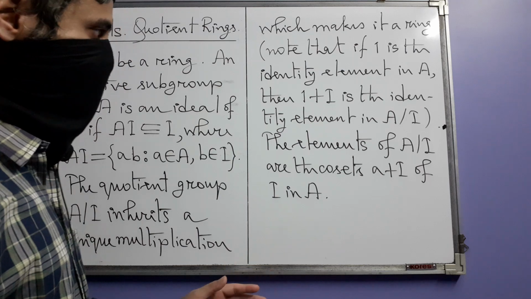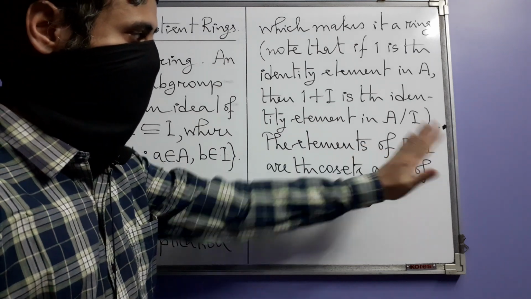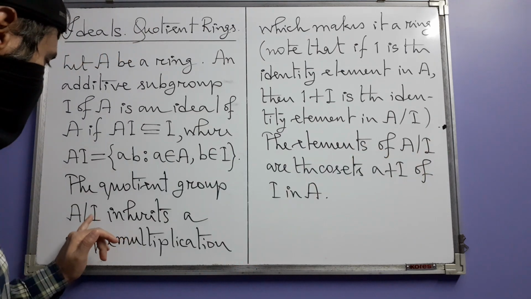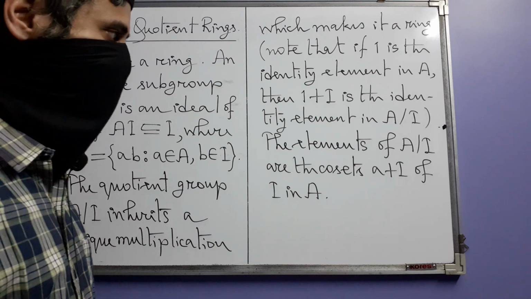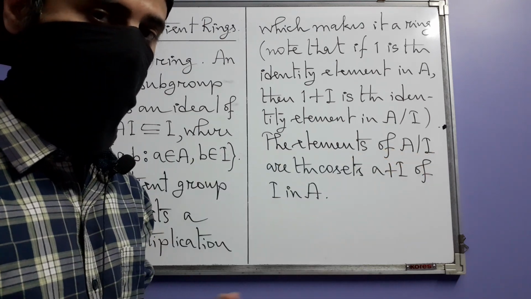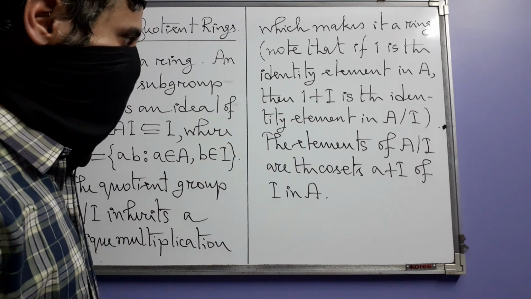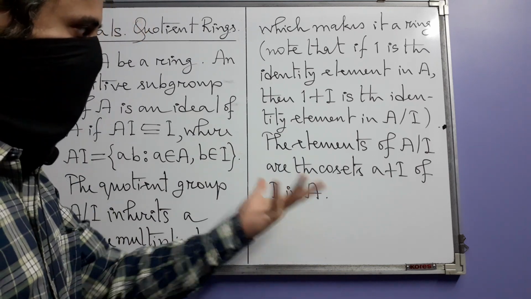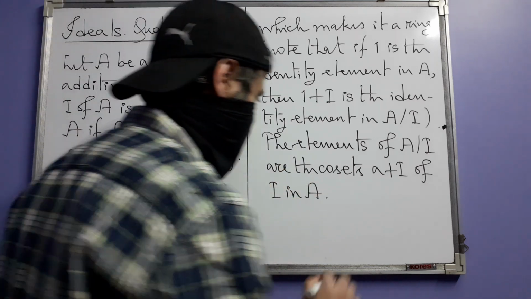And what do we know about the relationship between this quotient ring and the original ring A? We know that this is a homomorphic image of A. But let's also write that this is called the quotient ring.